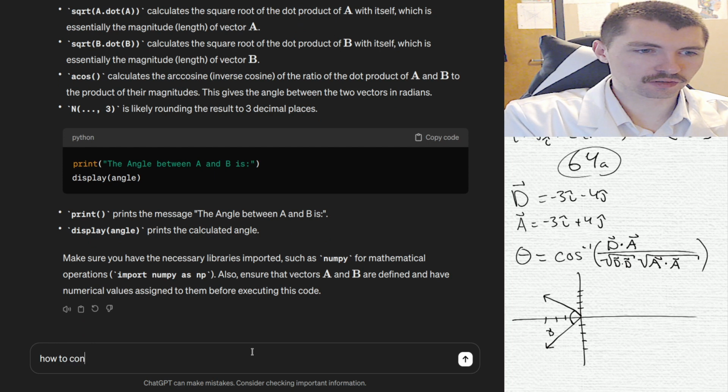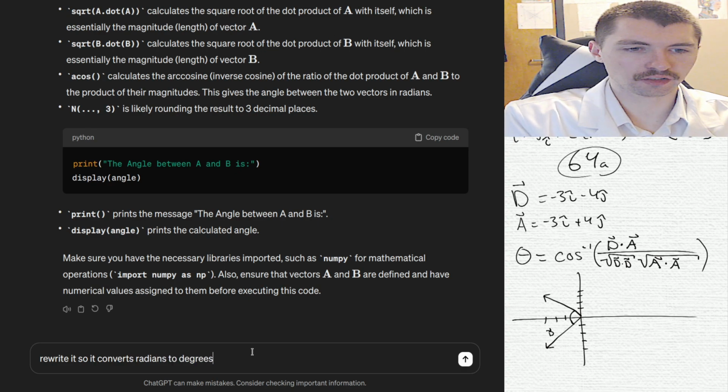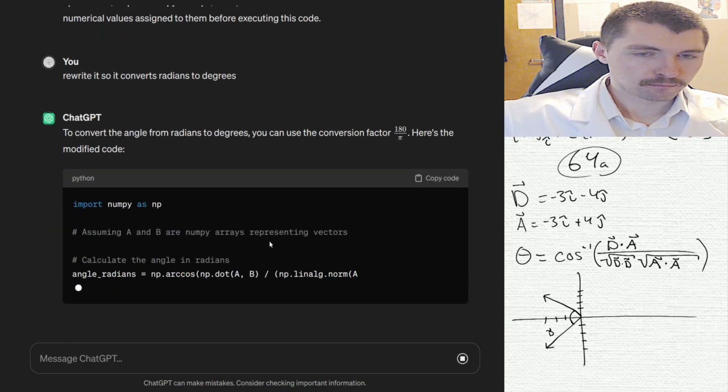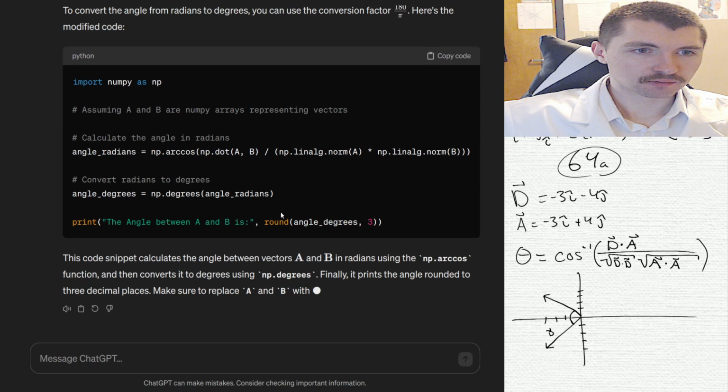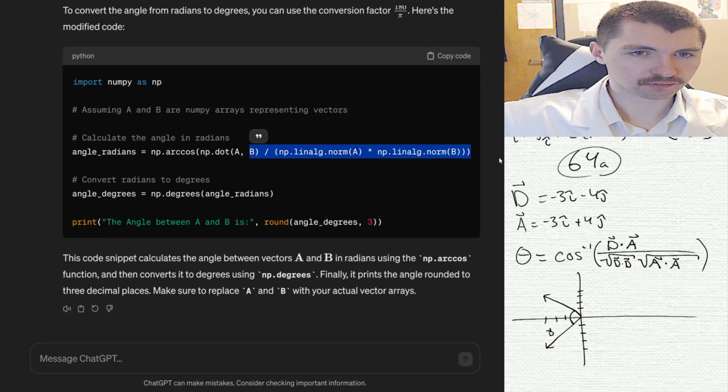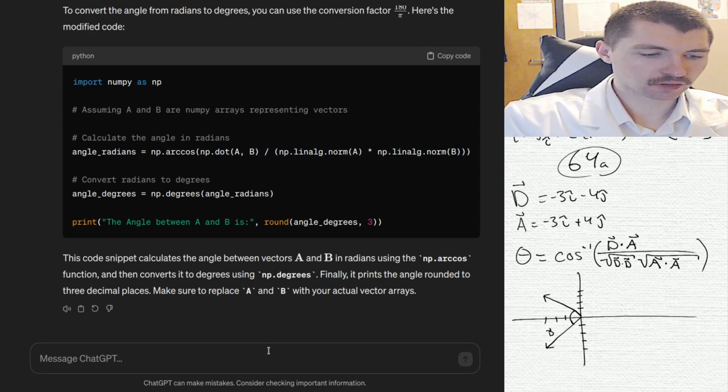How to rewrite it so it converts radians to degrees. Pi, 180 over pi. Rewrite it, but with SymPy.